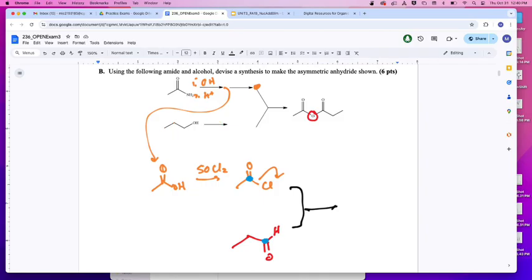Do I want to convert it to an aldehyde? So you do the carboxylic acid. Turn it all the way up with chromic acid. Okay? If I use chromic acid, that fully oxidizes all the way to the carboxylic acid.